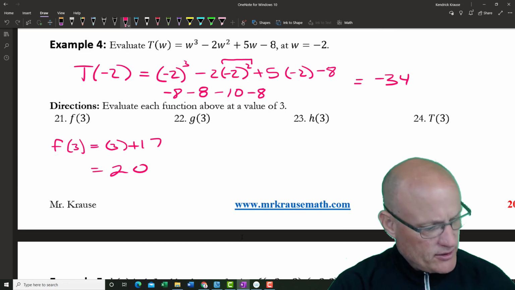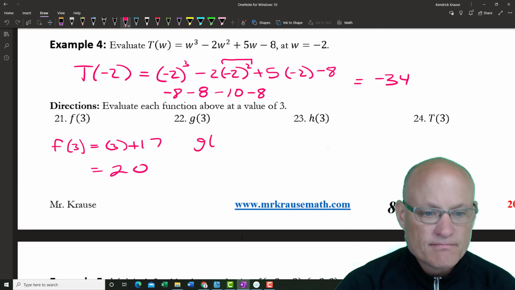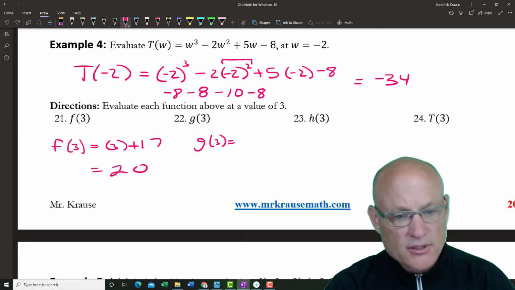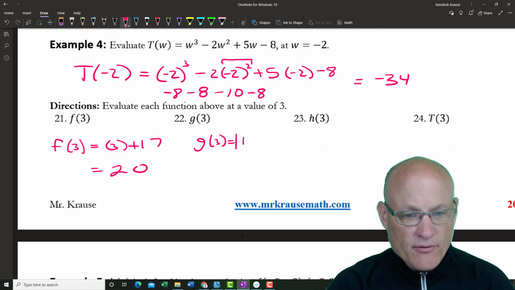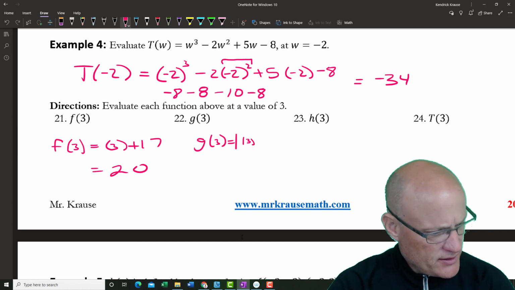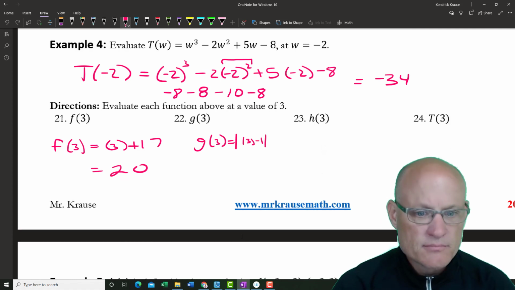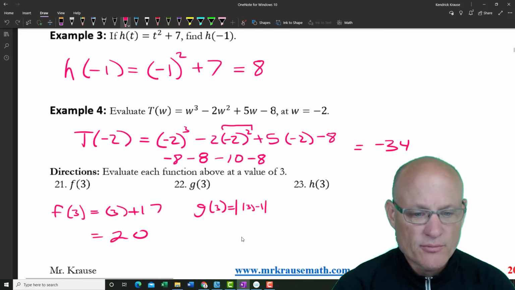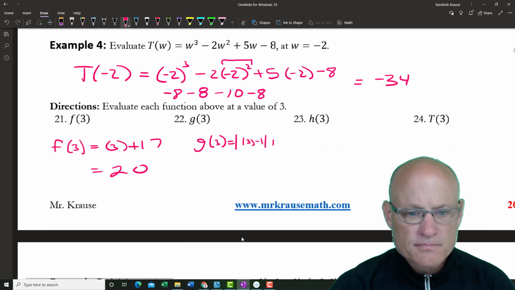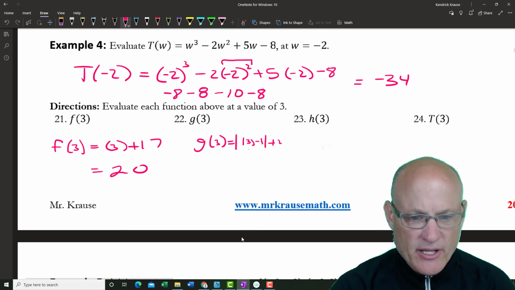I got it right here. g of 3 is equal to the absolute, oops, I forgot the absolute value bars. I'm running out of space. Absolute value of 3, was it minus 1, I think? Yeah, minus 1 plus 2. So this just turns out to be the absolute value of 2.